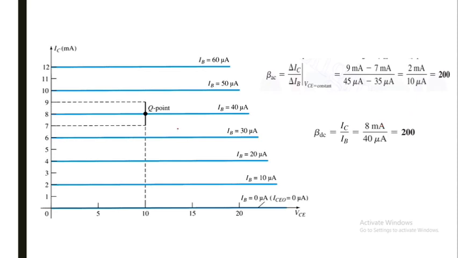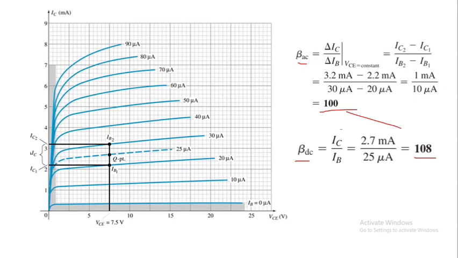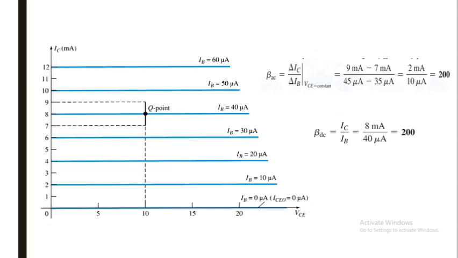This is another example where we have approximated the curves with straight lines, which are not actually straight lines. This is due to output impedance. If we ignore that and consider output impedance infinite, we will have these straight lines.